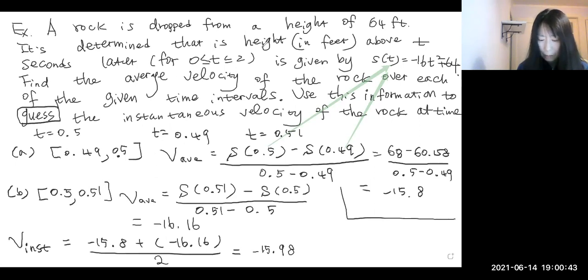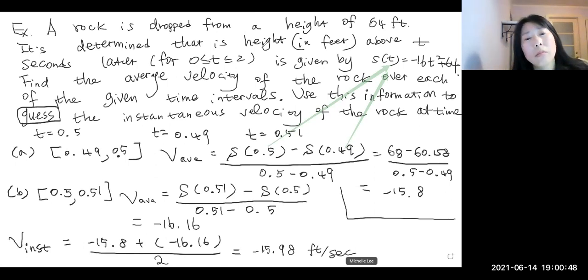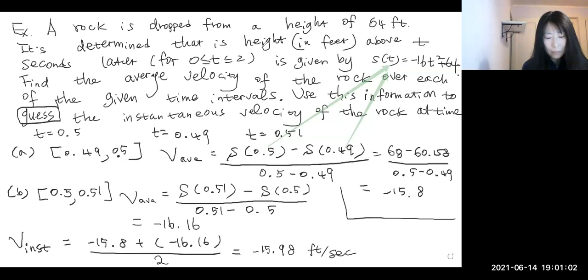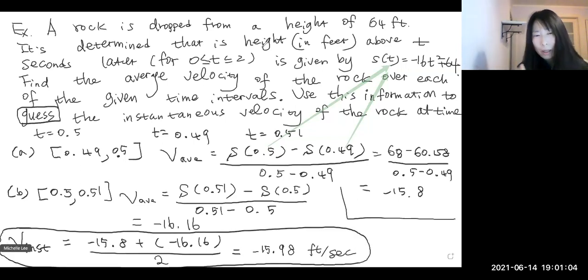This will be in feet per second. So this will be the answer. So in your homework, if they ask about the instantaneous velocity, you guess the number like this, then add the two numbers and divide by 2. Then that is the instantaneous velocity, all right?